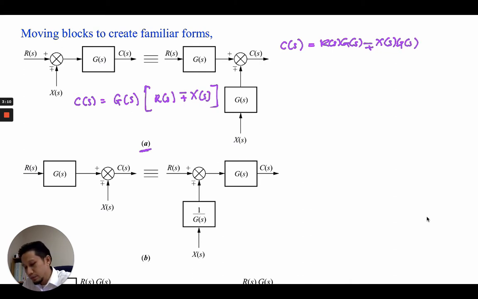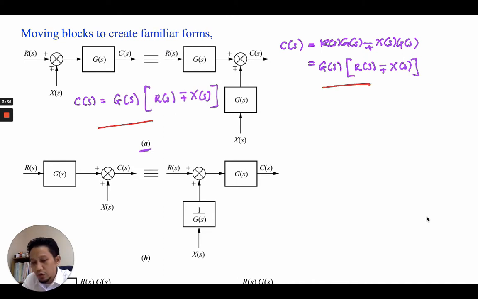So we can factorize G(s), so that inside we have R(s) minus plus X(s). We have shown that the left hand side and the right hand side both have a similar output of C(s), meaning that these two block diagrams are equivalent to each other. The way it represents can simplify our task to create more familiar forms.